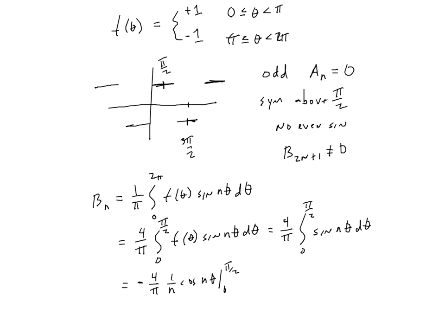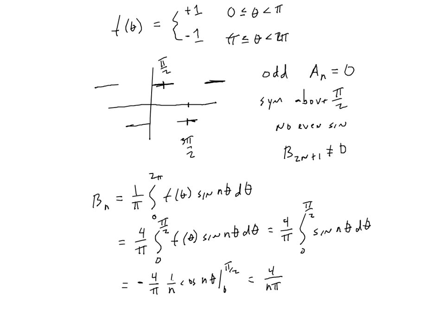No matter what number we multiply it by, it's still going to be cosine of 0. So this is going to give us 4 over n pi as our integral. So we just basically use the heck out of the symmetry.